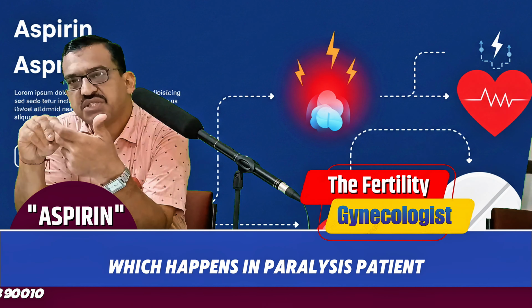If a particular artery in the brain, for example the middle cerebral artery, its anterior branch or posterior branch, is blocked, there would be an infarct of that area of the brain, and that would lead to paralysis of that part of the body which that brain area controls. Same happens with the heart. There can be a myocardial infarction, in the anterior coronary artery or the right coronary artery or whichever, wherever there is a thrombus, that portion of the heart becomes weak, infarcted, and ultimately may lead to myocardial infarction or heart failure later on.